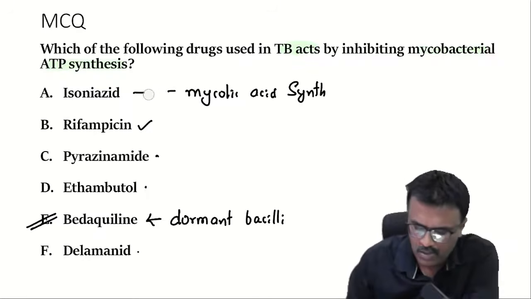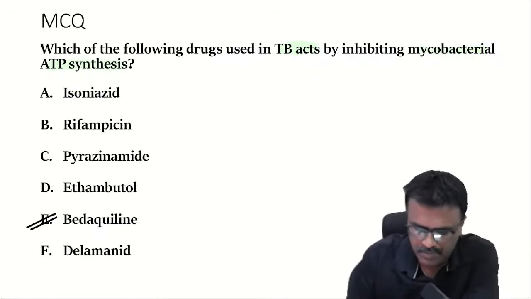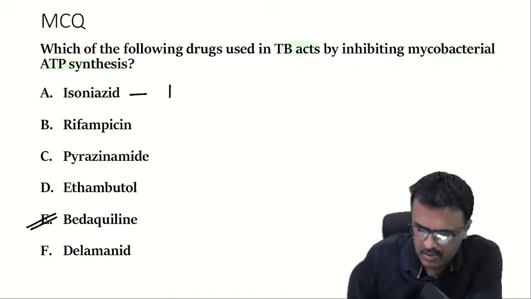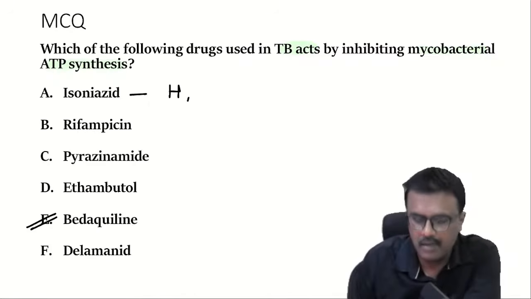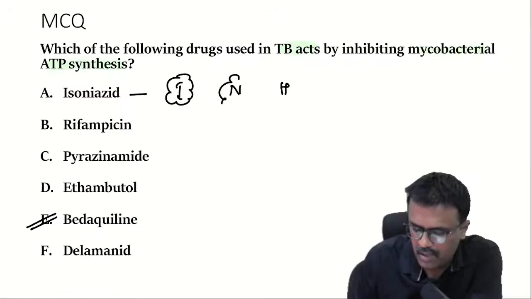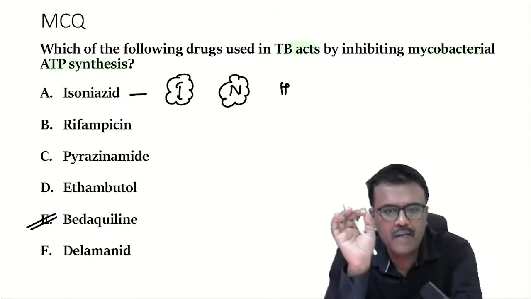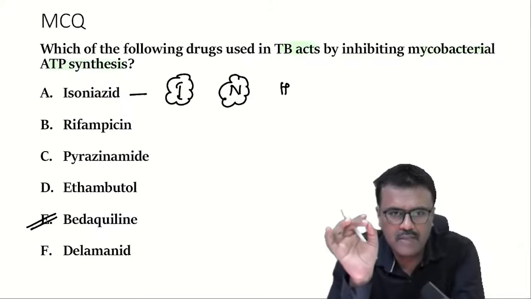Now, what I want to communicate here is the adverse effects they keep on asking for this. Isoniazid can produce hepatotoxicity, and I can remember like this. See, isoniazid is written as INH, correct? I, it is an enzyme inhibitor. N, it can cause neuropathy, that is peripheral neuropathy, and the treatment is B6.